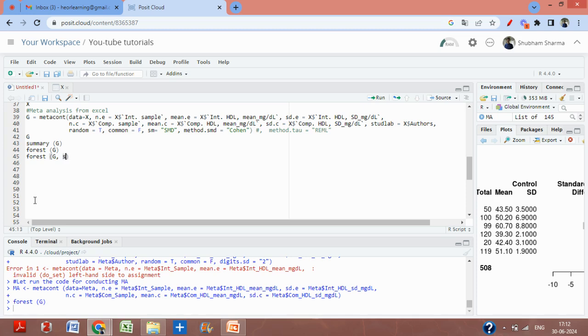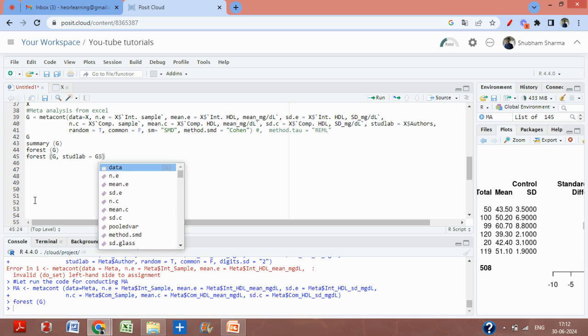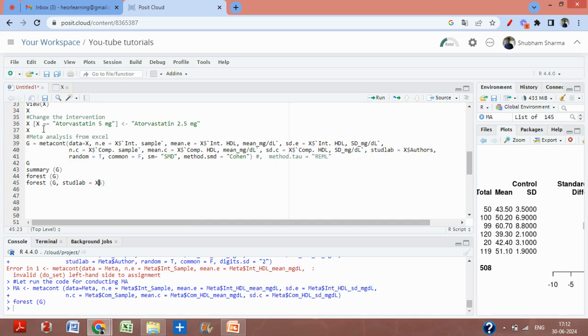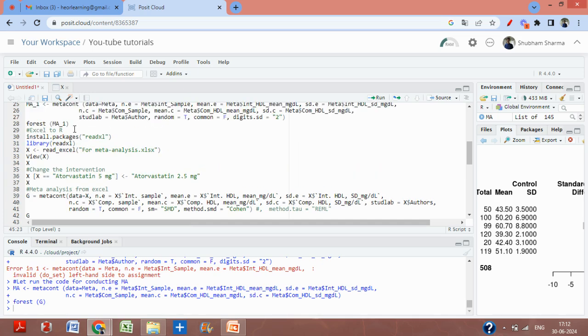Post that, let me put this col.lag, g dollar, then g x. So why am I putting x? The reason is that we have named the study as x.